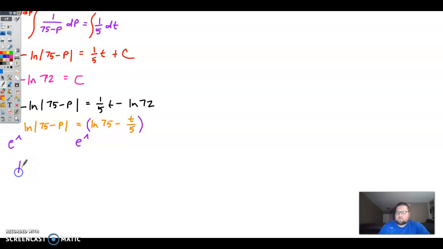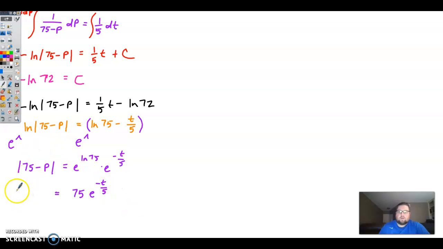So we end up with the absolute value of 75 minus p. And then over here, we're going to separate this out. E to the natural log of 72 times e to the negative t over 5. All right, so this e and natural log cancel out, leaving us with 72. And we're left with e to the negative t over 5 there.